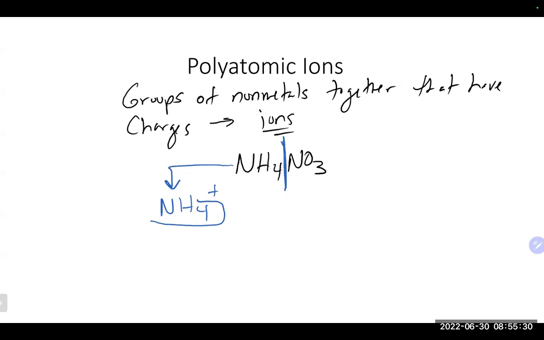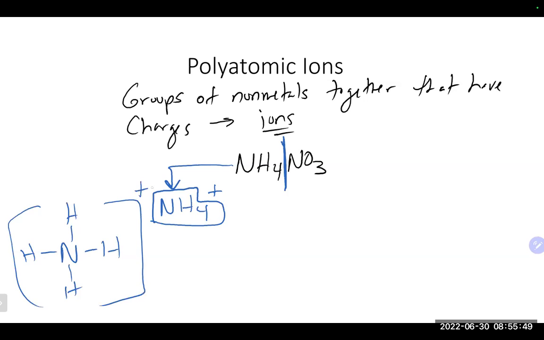That one nitrogen and 4 hydrogens all stay together because frankly, they're sharing electrons and they move around as a group. They never break apart into anything else. And in fact, if we drew our Lewis structure for it, it is this guy right here. All those guys sharing electrons. And that whole entire thing has an overall positive 1 charge.